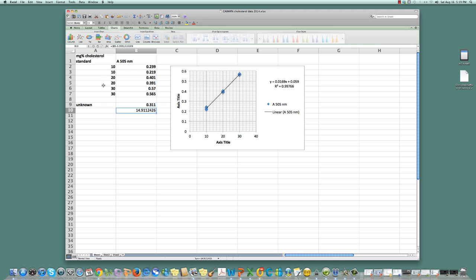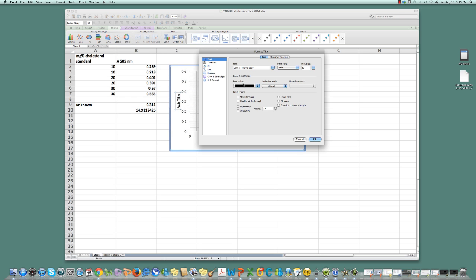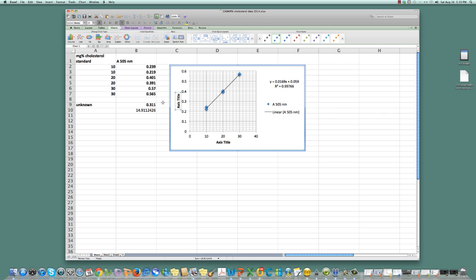So, get your data, put it into the Excel spreadsheet, plot a graph for the standard. This is going to be absorbance versus milligram percent cholesterol, and you can type in those titles there.